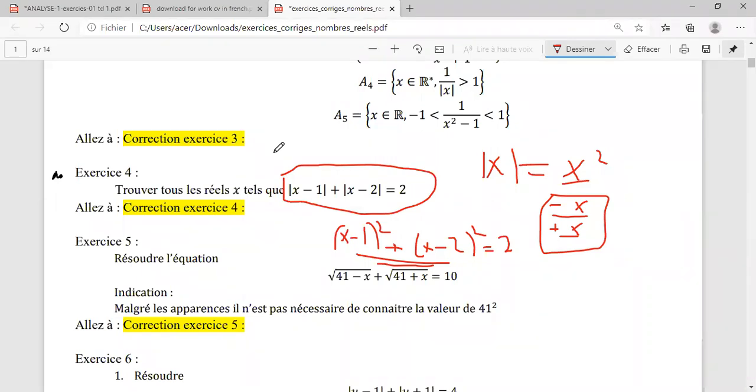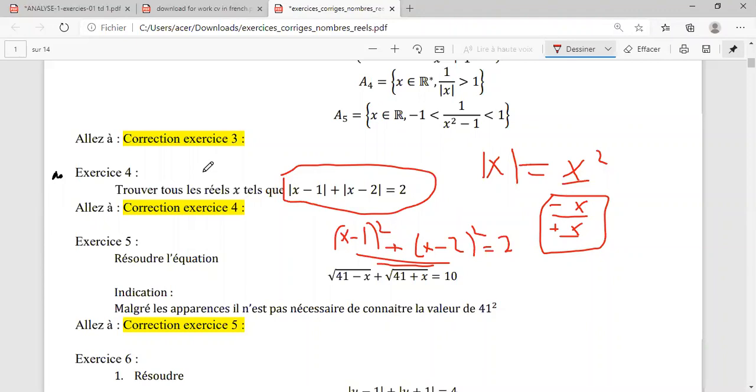I found it. The first one is 3 plus the root of 12. The other one is 3 minus the root of 12. Okay. Do we have any other answers? Yeah.